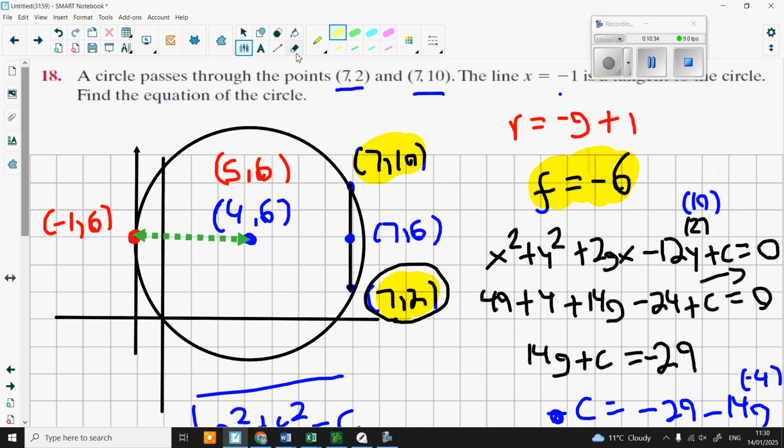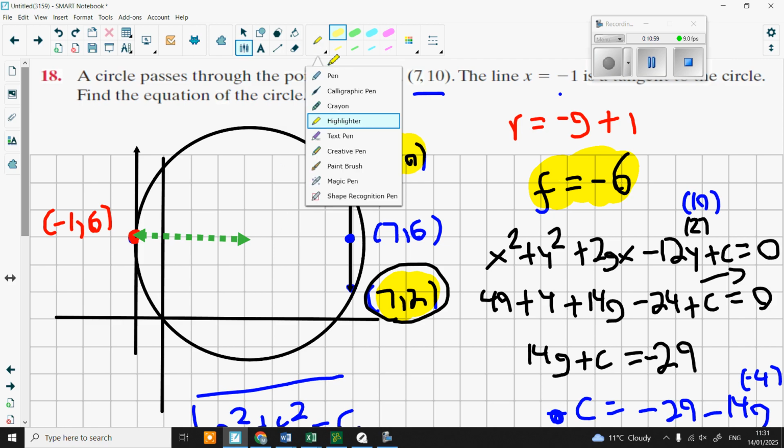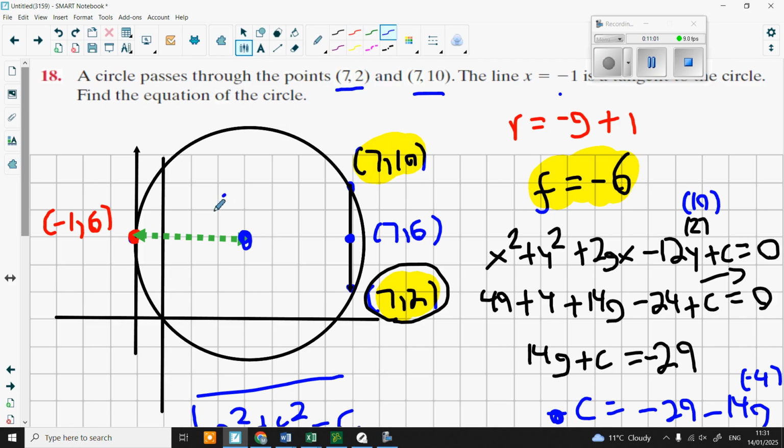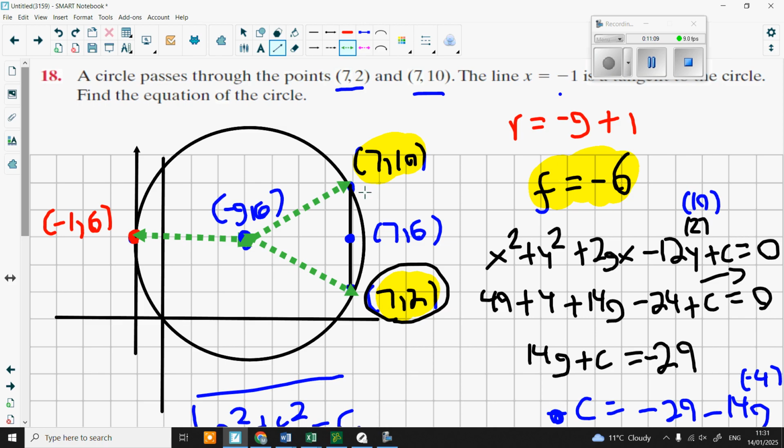So just two other options that were discussed in this question. One student pointed out the fact that we had 3 points on the circle at this stage, which means we could have reset back to the original and just sub everything in, and we got 3 different equations. Okay, and that would have worked out. Another student took the center of the circle, which was at the time minus g and 6, and he did the distance formula for 2 radiuses.